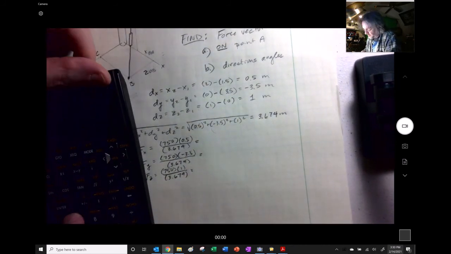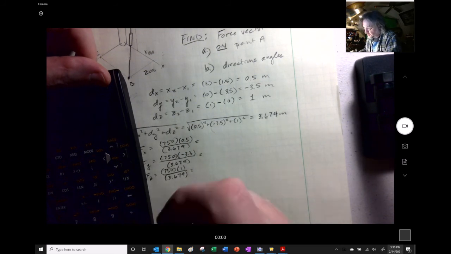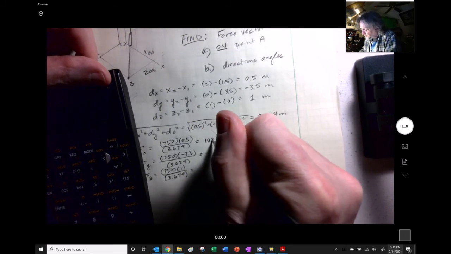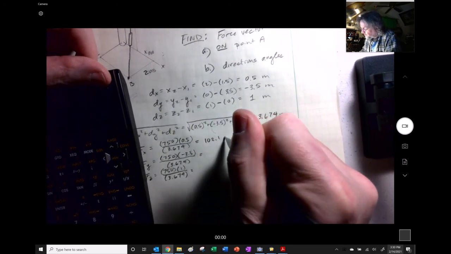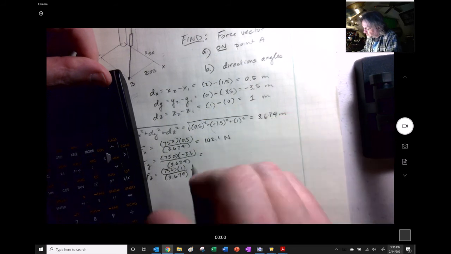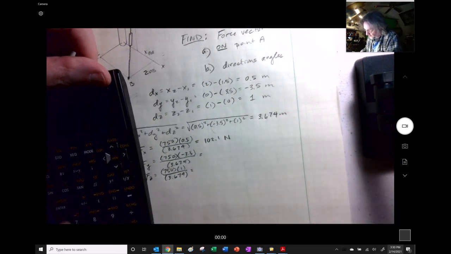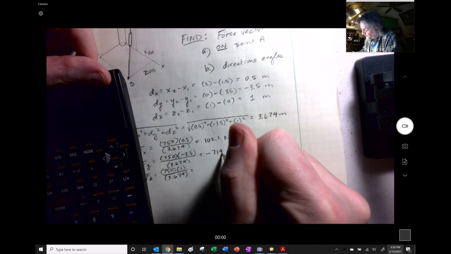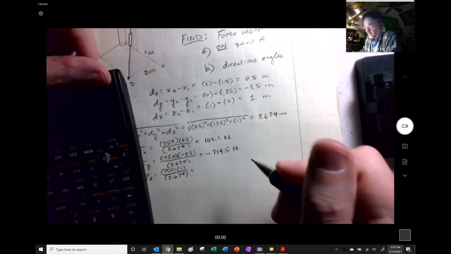Plugging those in, 750 times 0.5 divided by 3.674, I get 102.1 newtons. For 750 times 3.5 divided by 3.674, I get a negative 714.5 newtons.